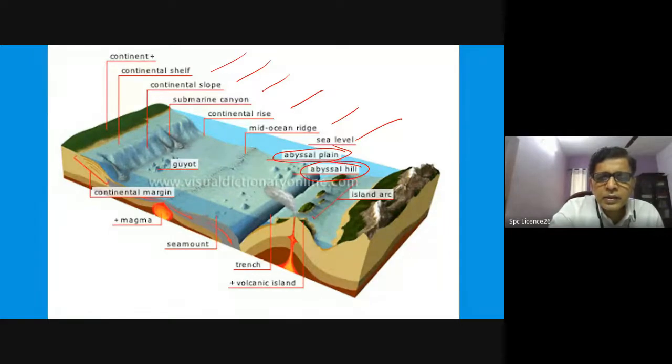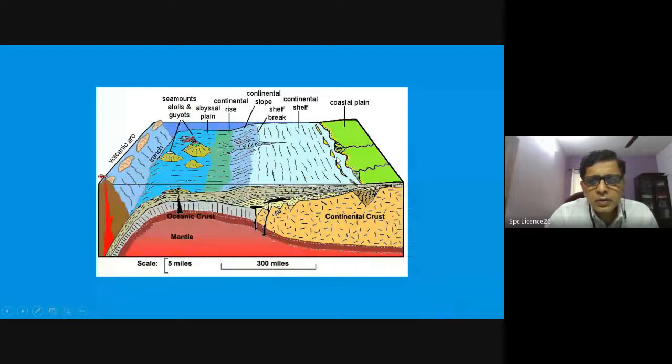And those islands which peak out of the mean seawater level are called island arcs also. And one more of this scale. I've put up so many of these that if you have not understood it out of one, you should be in a position to understand it at least from some other ones.